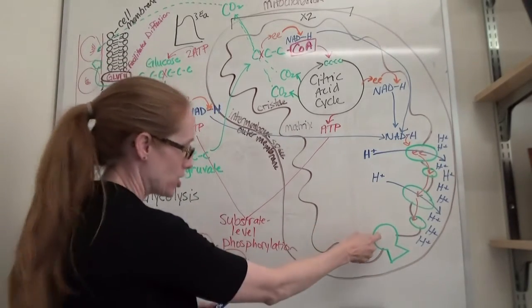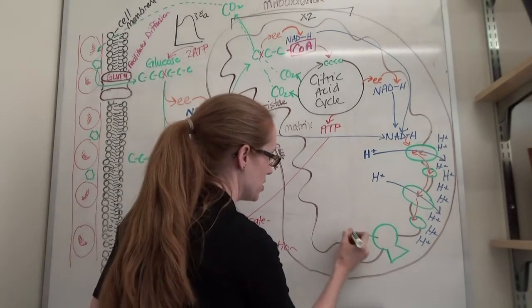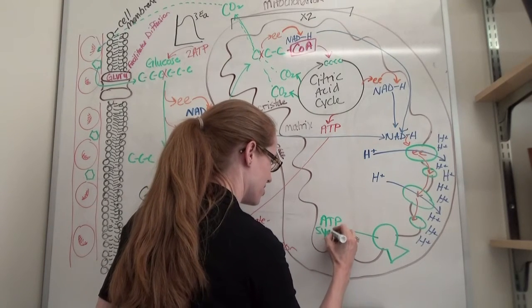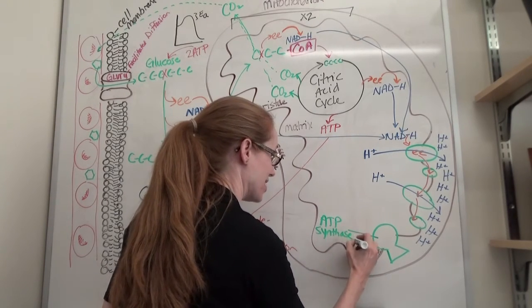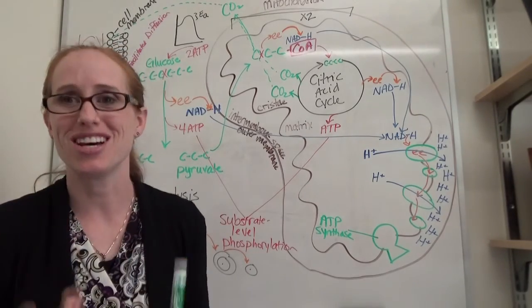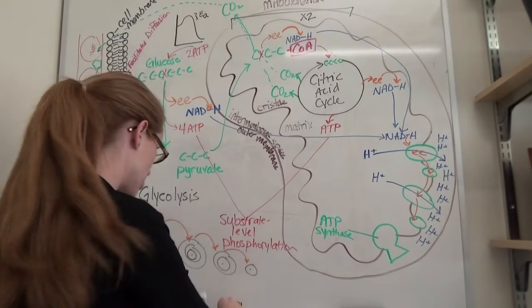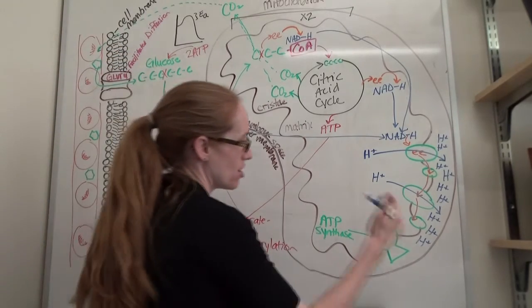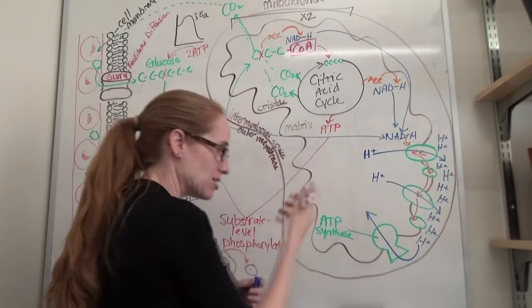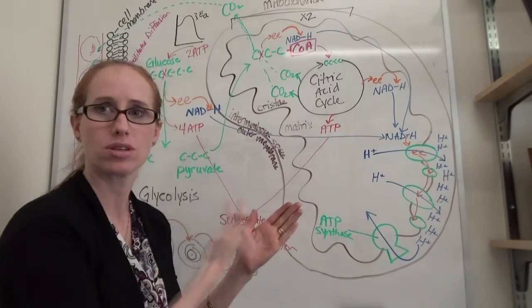And so we have a special transport protein right here. It has a name. It's called ATP synthase. And from the name, you can probably guess exactly what it does. It makes ATP, but it actually does it through a physical force, which is like the coolest protein on Earth. So as the hydrogens flow back through this protein, back into the matrix, this protein begins to spin around in a circle.